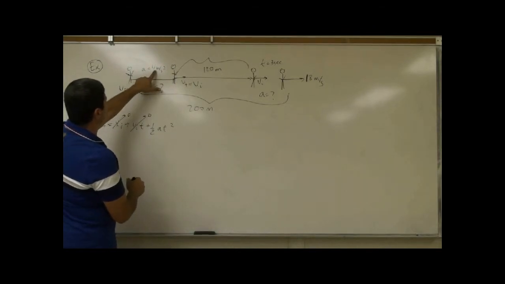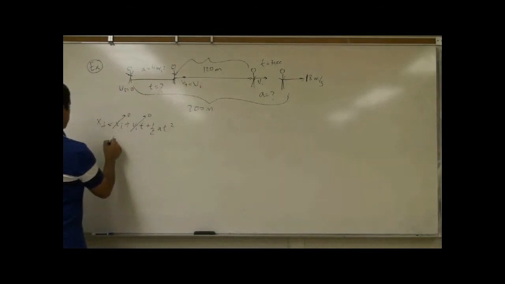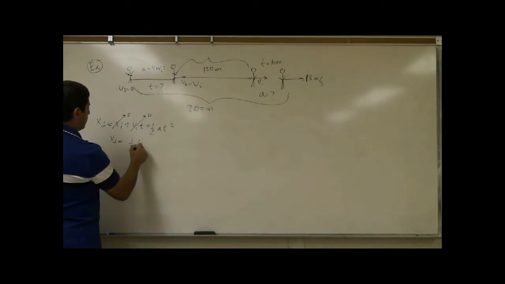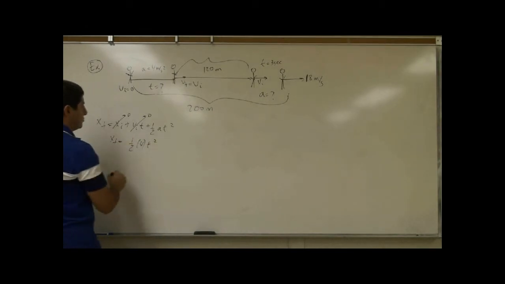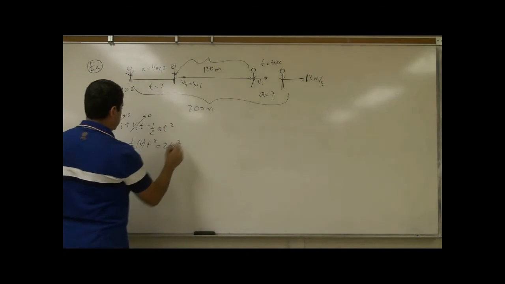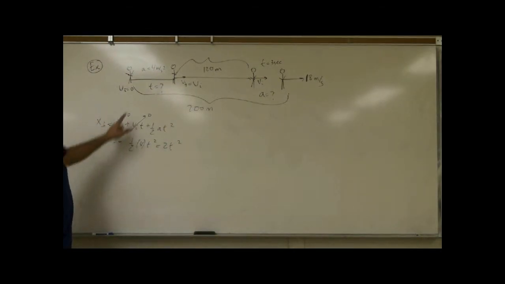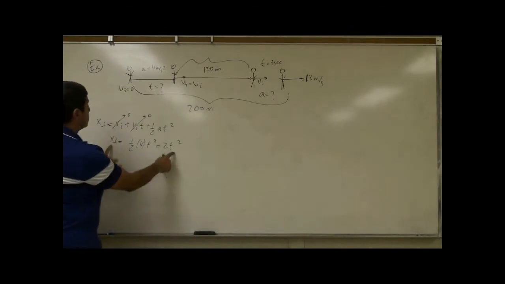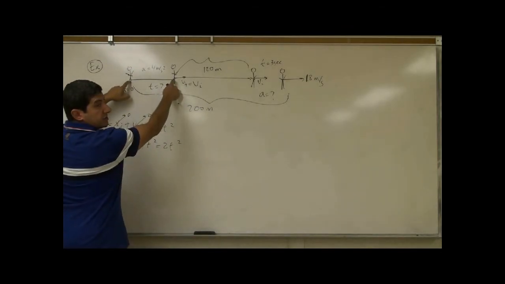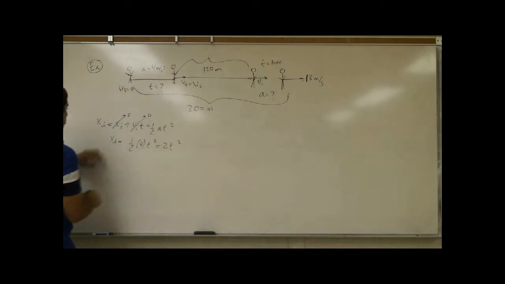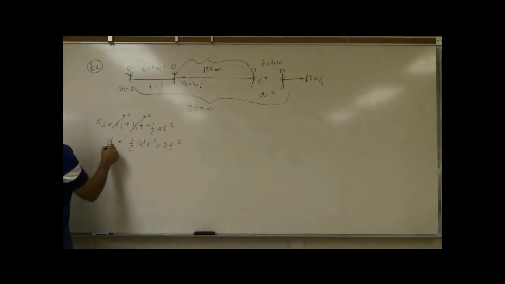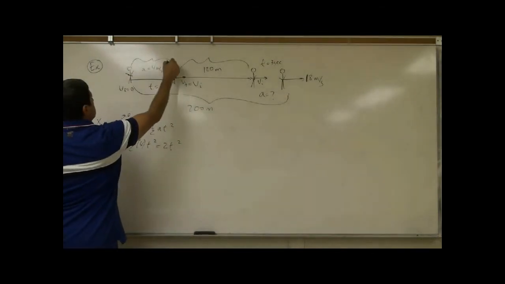The acceleration is 4. The t is unknown. So X final would be half of 4, t is unknown, so we get 2t squared. Depending on the time, this is the distance that she would have covered in the first stage. So we can just call this D1. That's this distance right here.